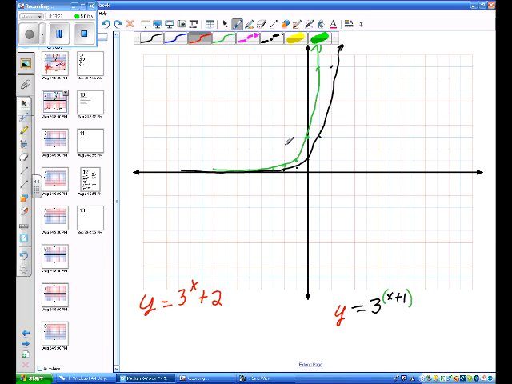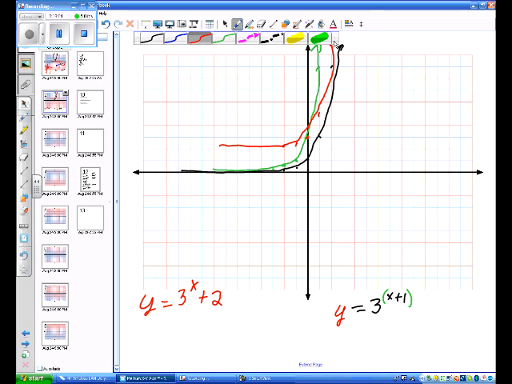I would have up 2, up 2, and up 2 for each point. And in this case, y equals 2 is our asymptote.